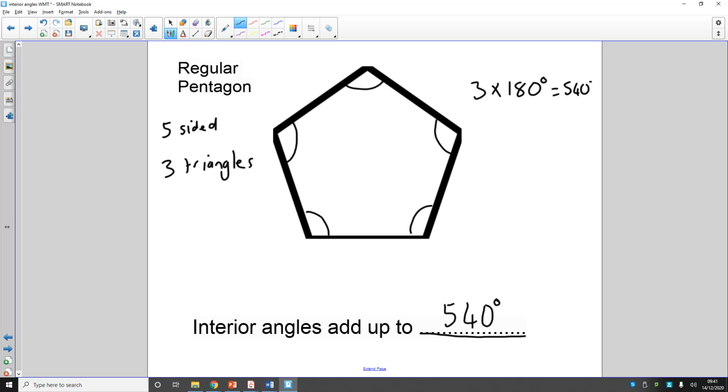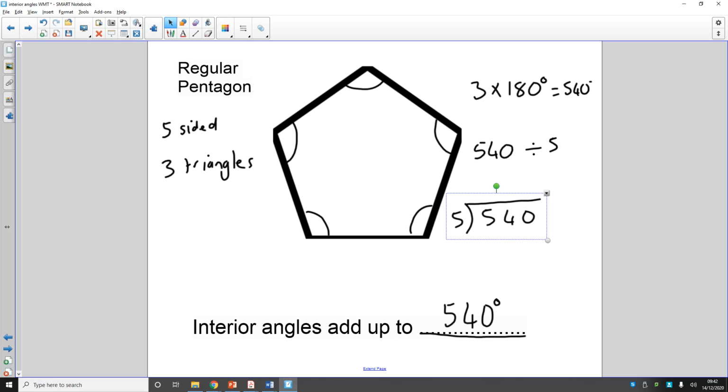So how am I going to split 540 up into 5 equal angles? Well, we calculate 540 divided by 5. If you're unsure on what method to use on this one, we'll just use a quick bus stop method. Right, where do we start?